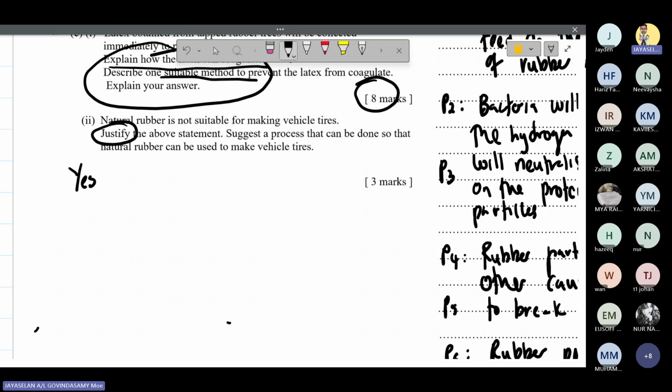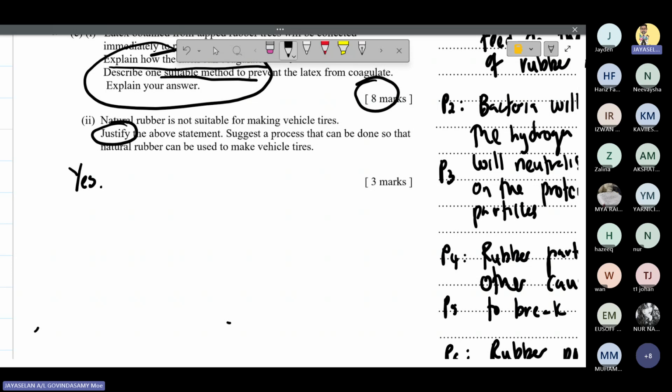Then suggest a process to be conducted to overcome this problem. That is three marks. So after you justify the statement, suggest a process that can be done so that natural rubber can be used to make a vehicle tire.